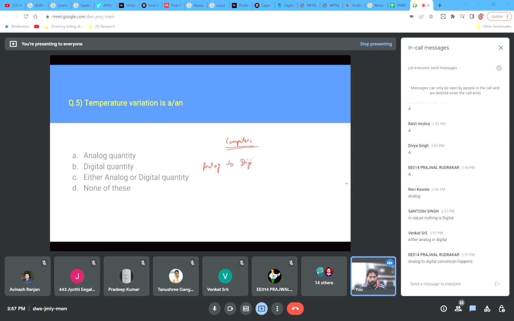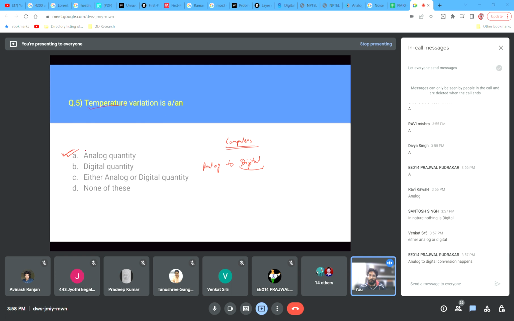If you convert your temperature to digital using this digital thermometer, at that point of time it will be a digital signal. But by and large, this temperature variation will always be analog in nature.